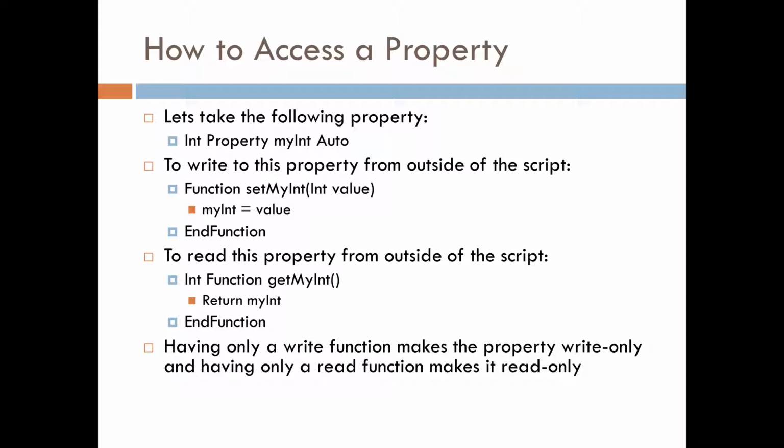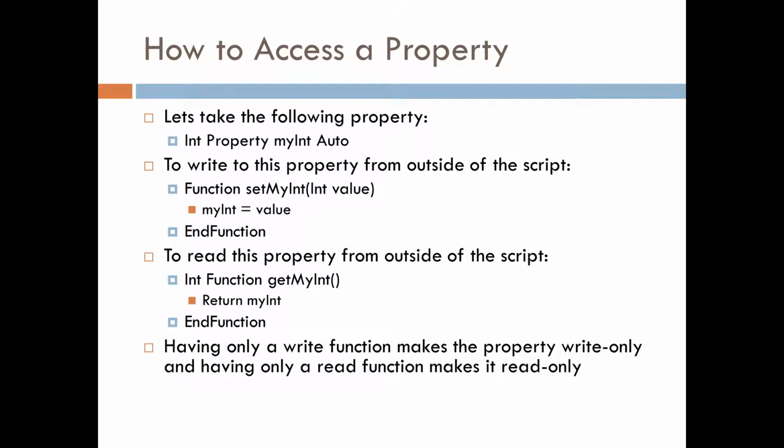Here's some special things to note. These aren't important, but this will help. Just think about, okay, what type of property is this? Is this just a public property that, oh hey, the script can know, but nobody else can bombard it and change it or get that information out? So a write function that we have, like setMyInt, if you only have that function and not the getMyInt, you make that property write only, which means, oh hey, I can change the value, but I can't see that value ever.